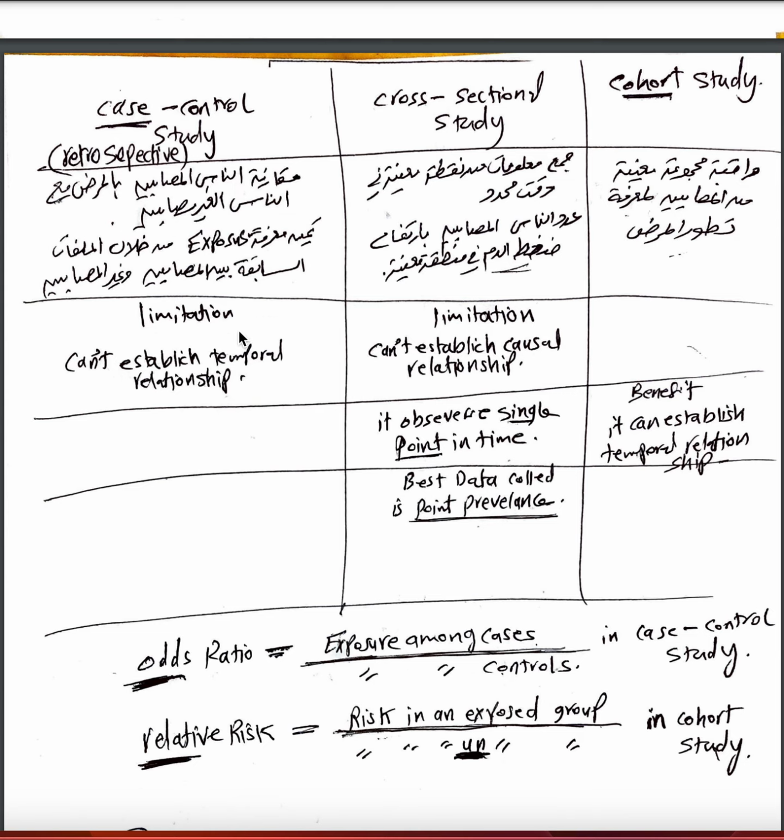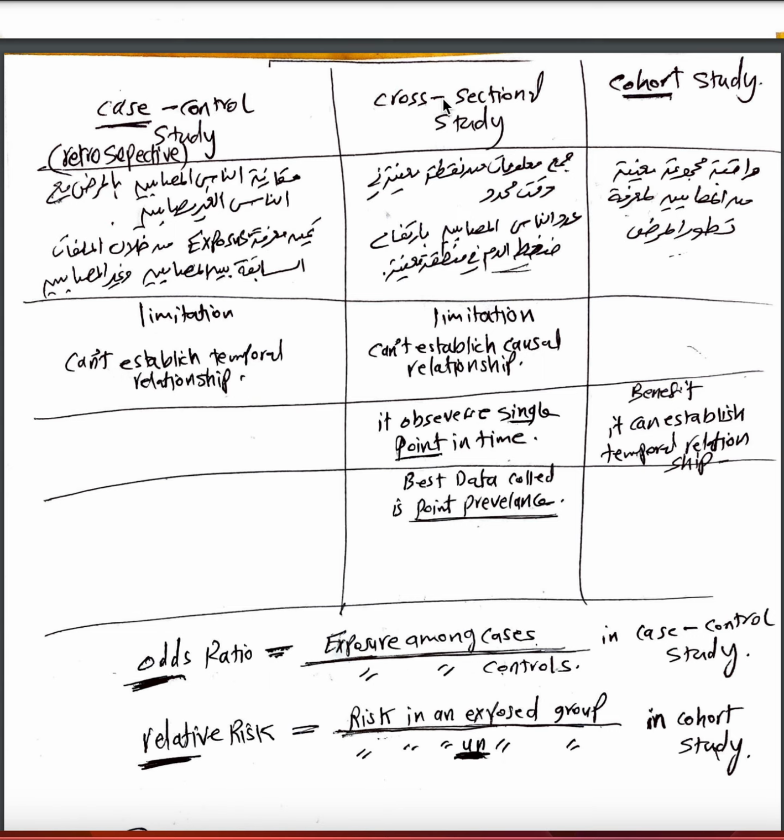But this is the limitation, the problem in the case control study: we can't establish the temporal relationship. We can't say this is the exposure and the cause, for example, and that is the outcome.